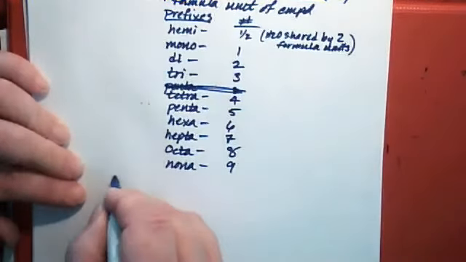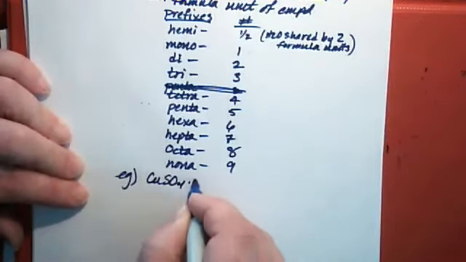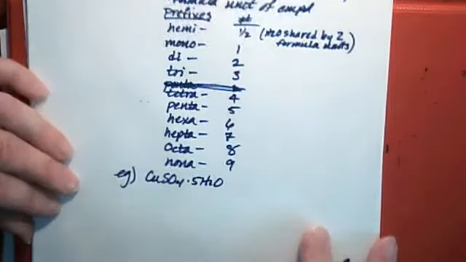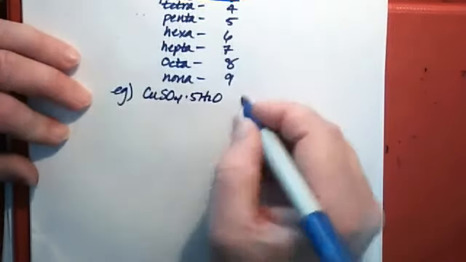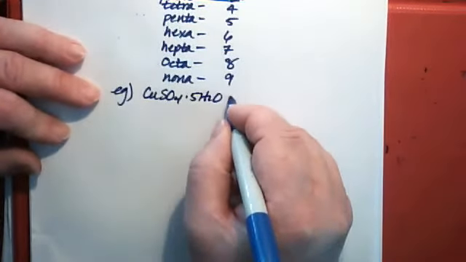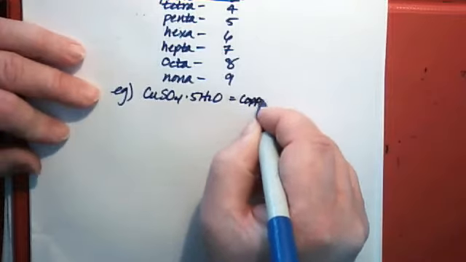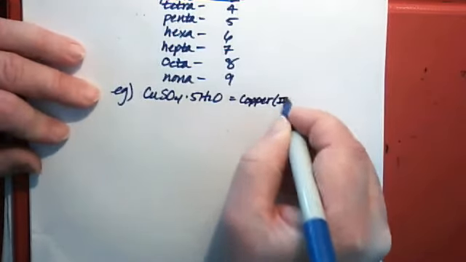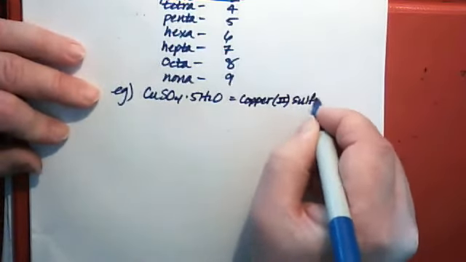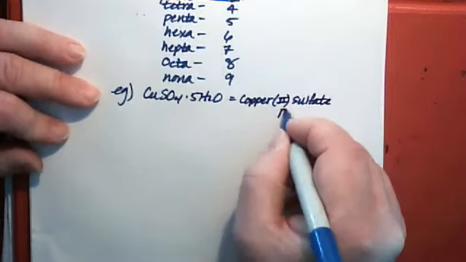Okay, so some examples. The one that I mentioned before, CuSO4.5H2O, this is copper 2 sulfate pentahydrate.